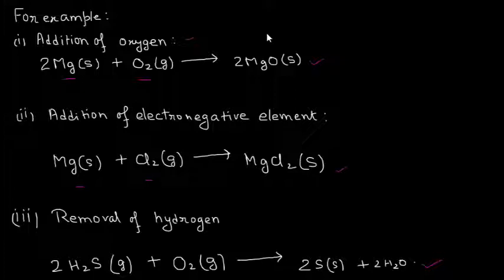Third, removal of hydrogen. In any reaction, if hydrogen is removed from the compound, then it is called an oxidation reaction. For example, H2S plus O2, it removes the hydrogen from H2S and forms water.